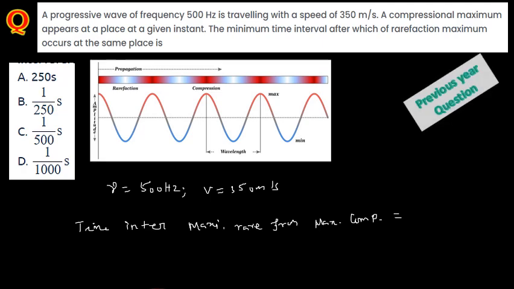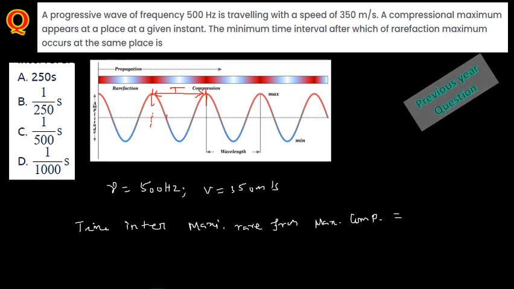I will show you here. For example, we consider this as the maximum compression, from one maximum compression to another maximum compression, the total time period, which you can mention as T.